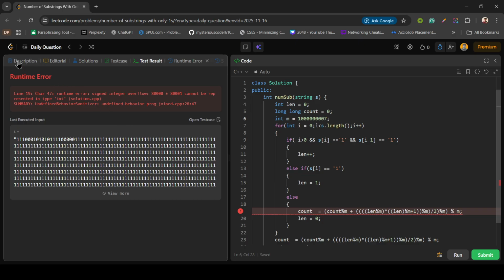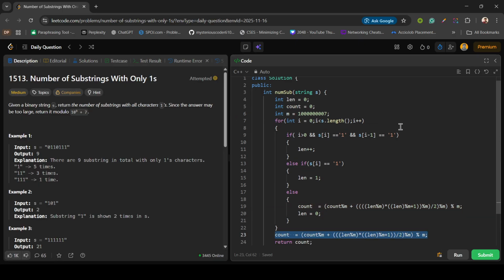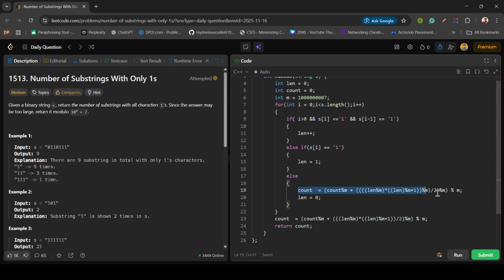Okay, I will write again. Count will be equal to, first of all, count percentage m, plus len, right? We have to play with len, so len percentage m. Then we'll multiply this with len percentage m plus 1, and this also percentage m.